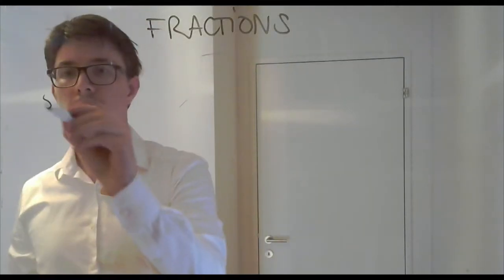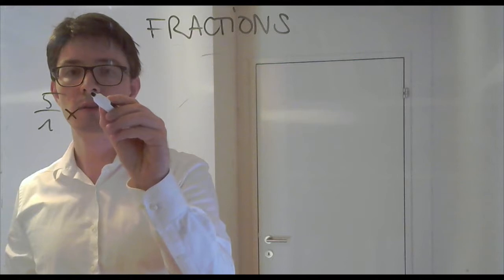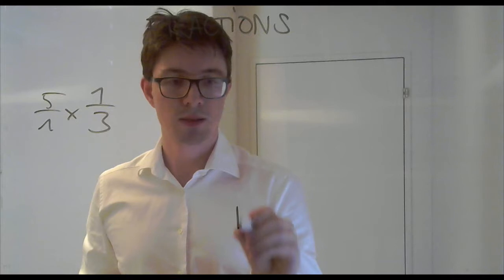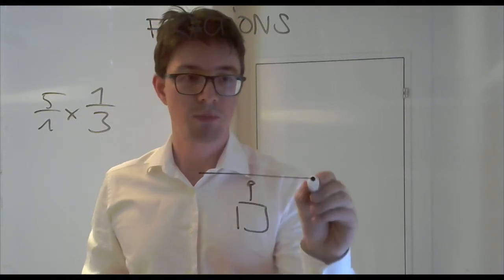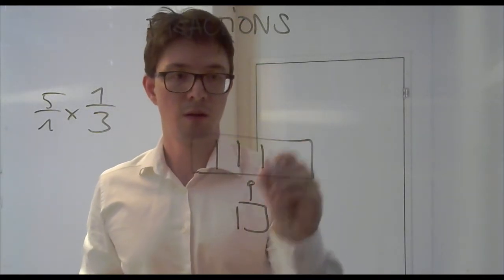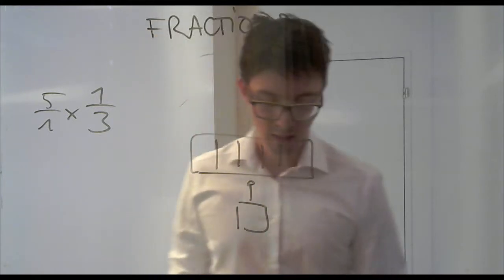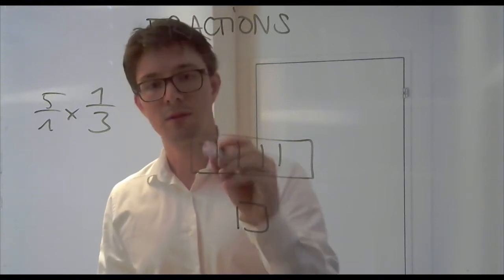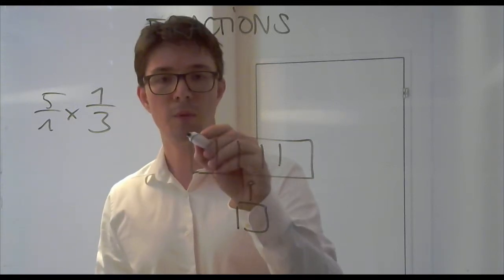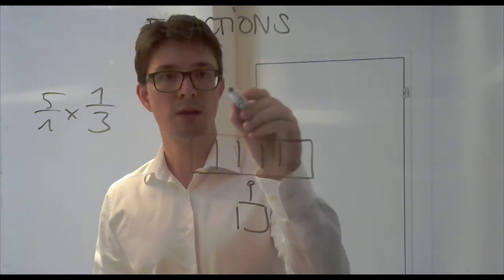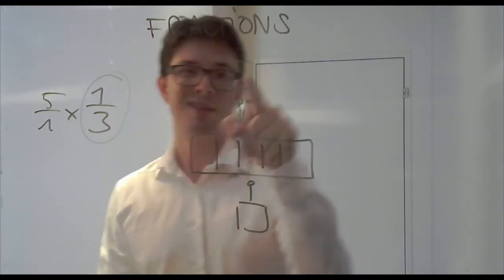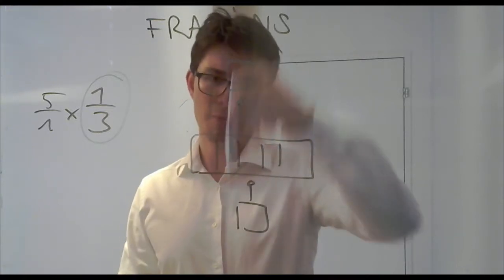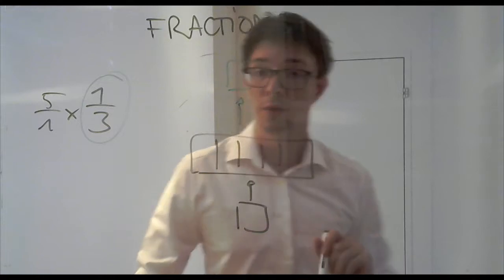What if we take 5 over 1 times 1 over 3? So we take the machine that makes us 5 copies of something, and then this result gets divided into 3 parts, and this is a bit, well, if we want to put this into a machine that divides by 3, it's a bit weird to divide this into 3 equal parts horizontally, but we don't have to do it horizontally.